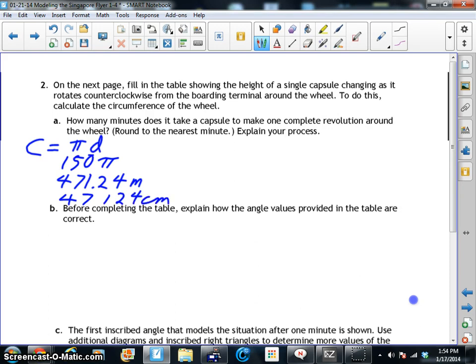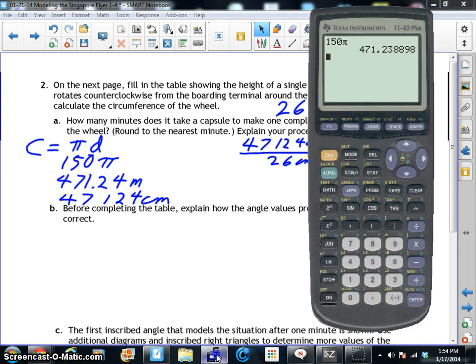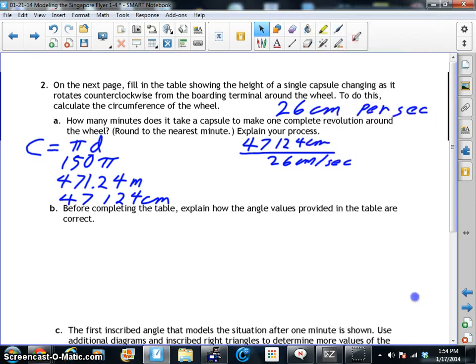And just taking a look at this right here, since we have 26 centimeters per second, all we need to do is divide 47,124 centimeters by 26 centimeters per second. So 47,124 divided by 26 gives me 1812 seconds.